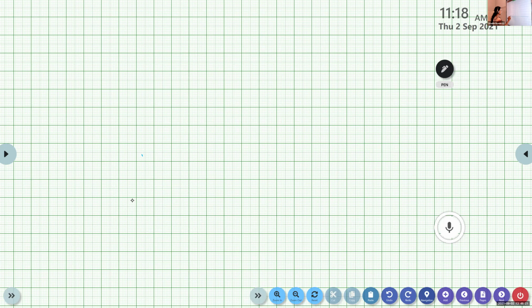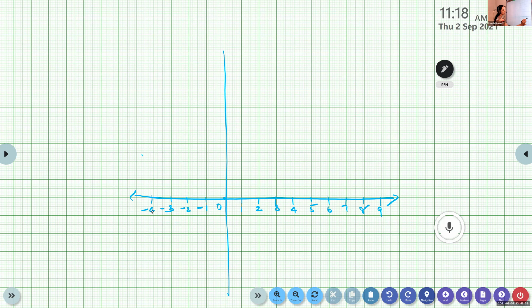Now listen, children. First you are going to plot the points. So 0, 1, 2, 3, 4, 5, 6, 7, 8, 9, and corresponding negative values -1, -2, -3, -4. Mark this as x, x dash, and similarly y, y dash. Here I am taking 2 units along the axis. This is a sample; you can take your scale accordingly. Don't take very small scales.